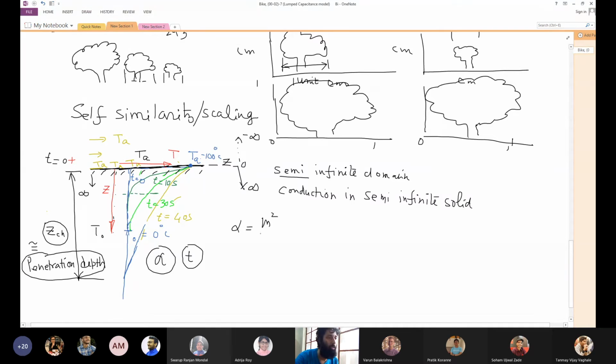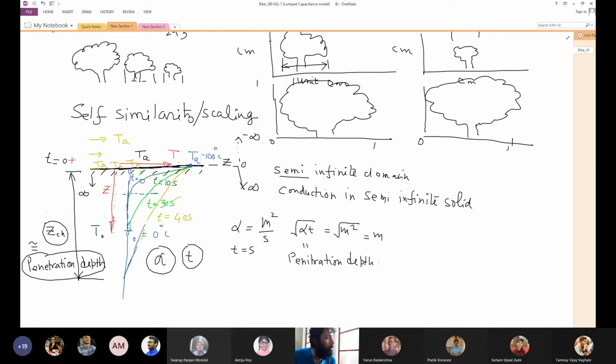Alpha is meter square per second, so alpha t is in meter square, and the square root of alpha t gives you the meter. That's the characteristic depth, or we can call it penetration depth, approximate. Just be convinced that this is an estimate of penetration depth, square root of alpha t.